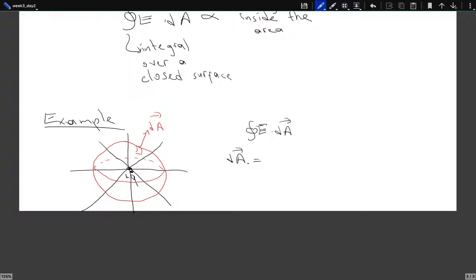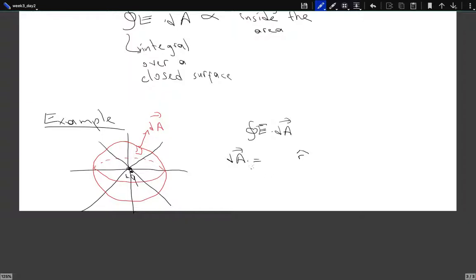So that direction, I can show it by the r hat vector. Are you familiar with this r hat vector? It's the unit vector pointing radially outward from the origin at every point. At this point, it is this unit vector. At this point, it is this unit vector. At this point, it is this unit vector.